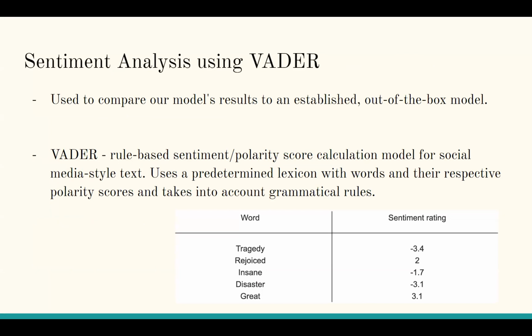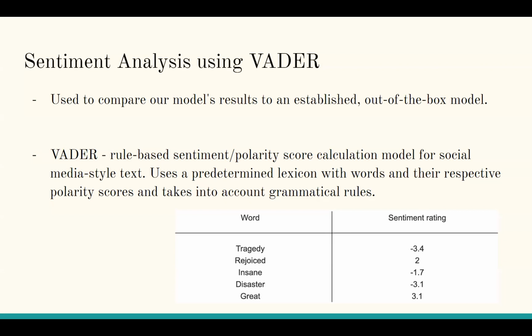So to see how well our model performs, we decided to compare our results to the results from a well-established out-of-the-box model. And for that, we chose Vader, which is a rule-based sentiment or polarity score calculation model for social media style text, so it should be very suitable for rating YouTube comments.